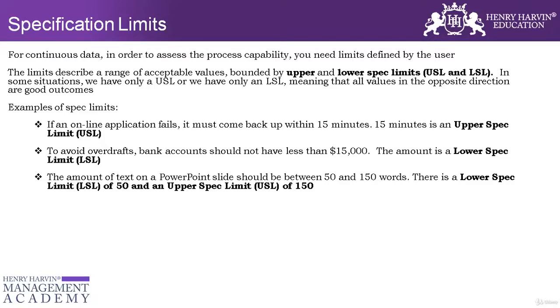If I take an example of quality scores, my quality percentage, if my customer says that I want 90% quality, is 90% my USL or LSL? LSL. Yes, the minimum. It is the minimum amount.